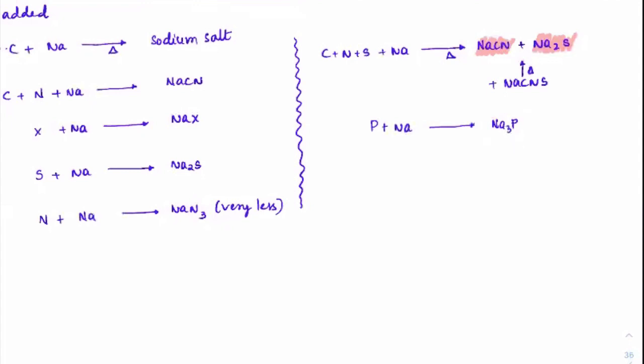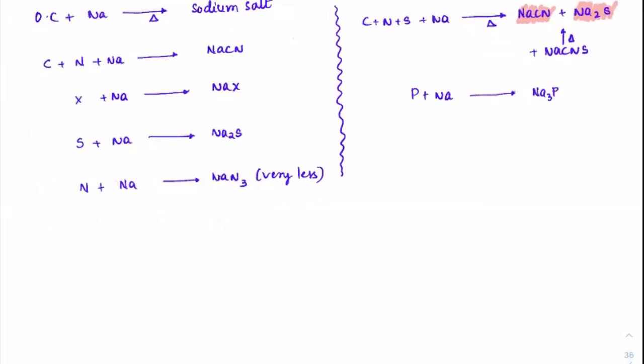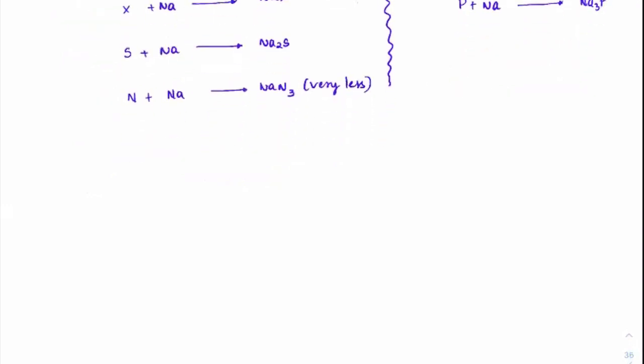If there is a very large extent of nitrogen, we may get traces of NaN3, azide also. Now our idea is to detect whether there is any presence of nitrogen, sulfur, phosphorus, halides, and so on. So let us see the first test.